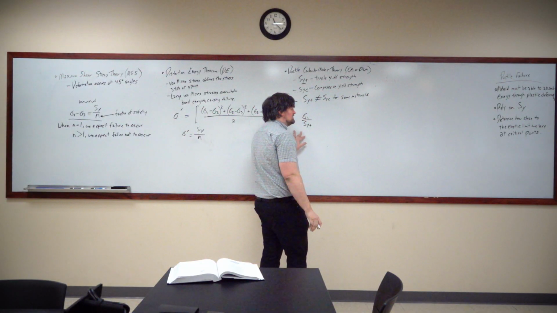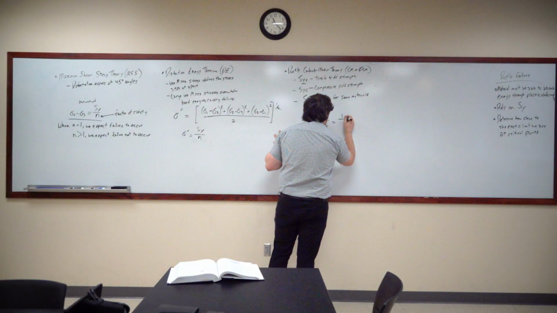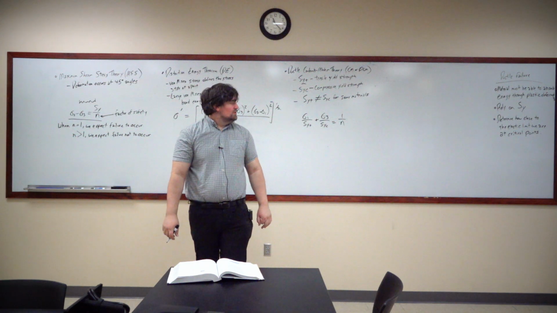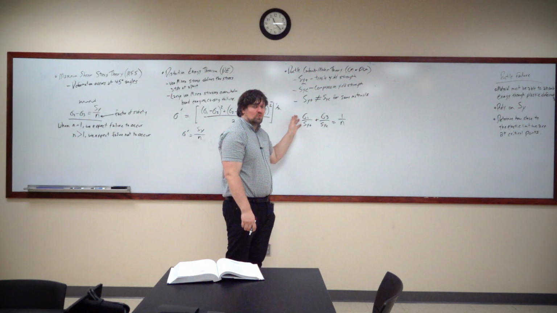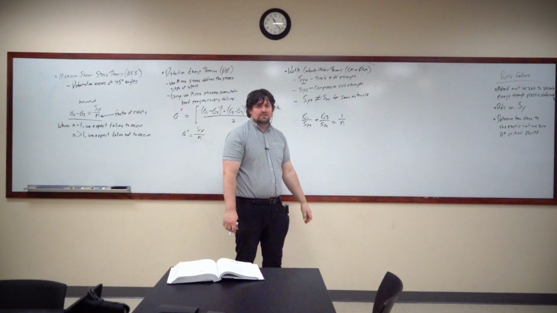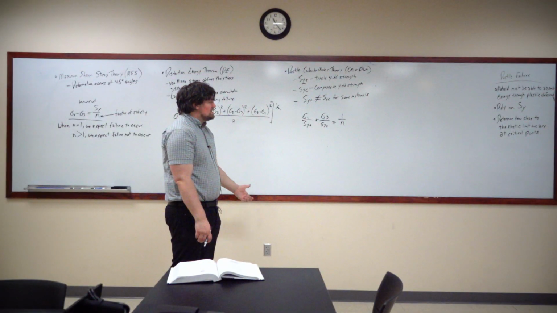I'm not going to put the negative sign there. Plus sigma 3 over SYC is going to be equal to 1 over N. Okay, so as this value gets closer to 1, this value will get closer to 1. Okay, and so that's what we're seeing.